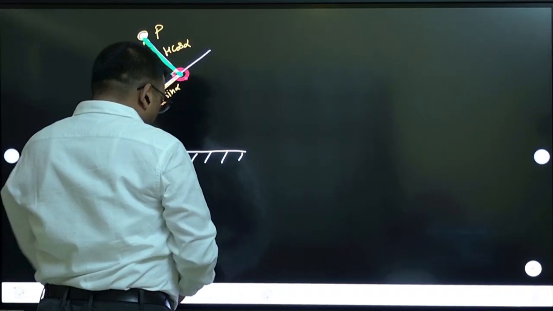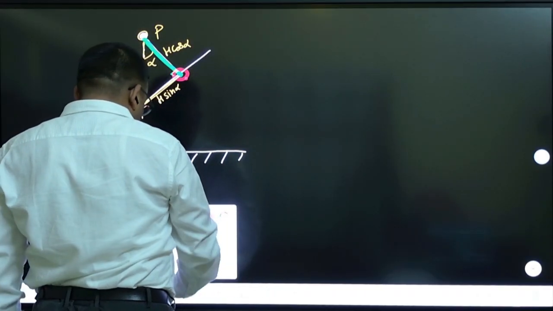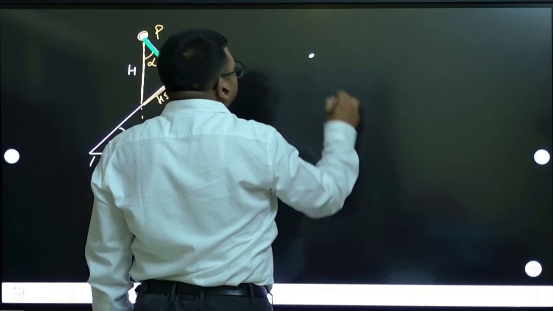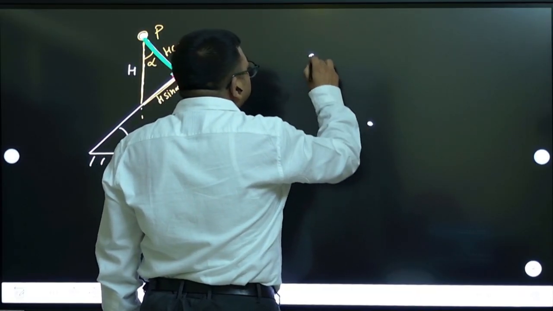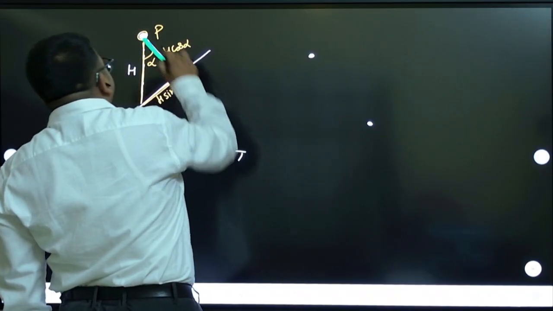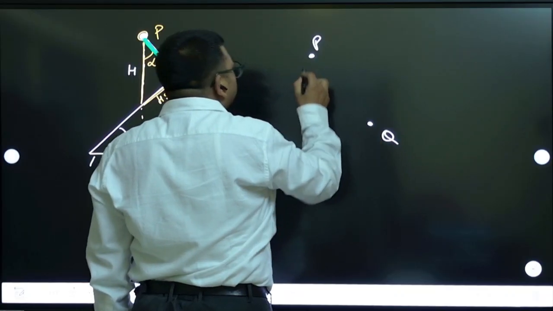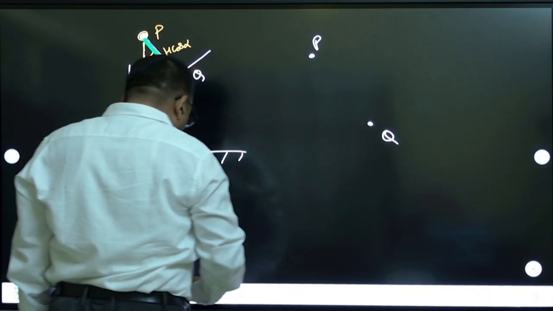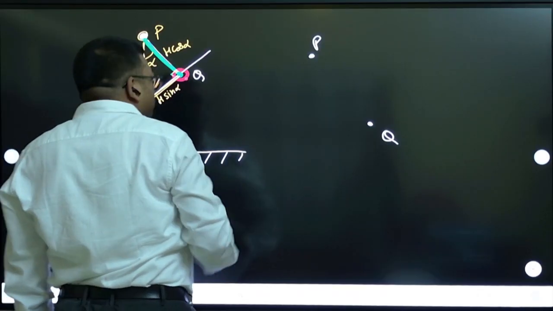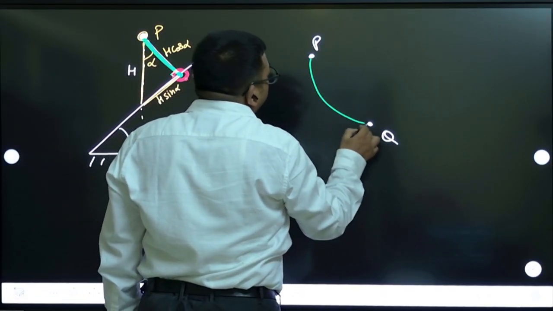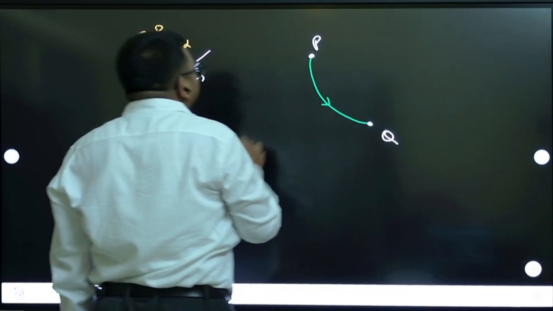Okay, so between 2 points, which path will it take? Suppose this is point P, this is point Q. Which path will it take? Now let me draw a path and think about it. Let us say it is going in this path.